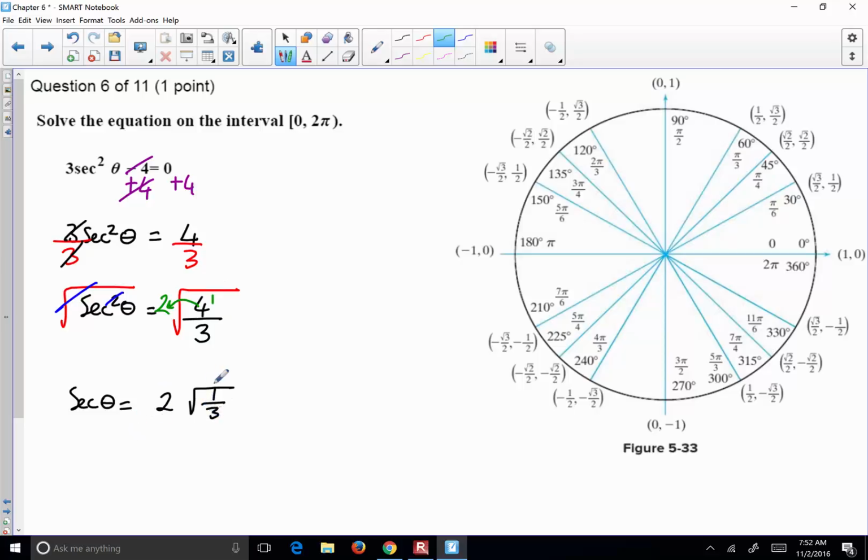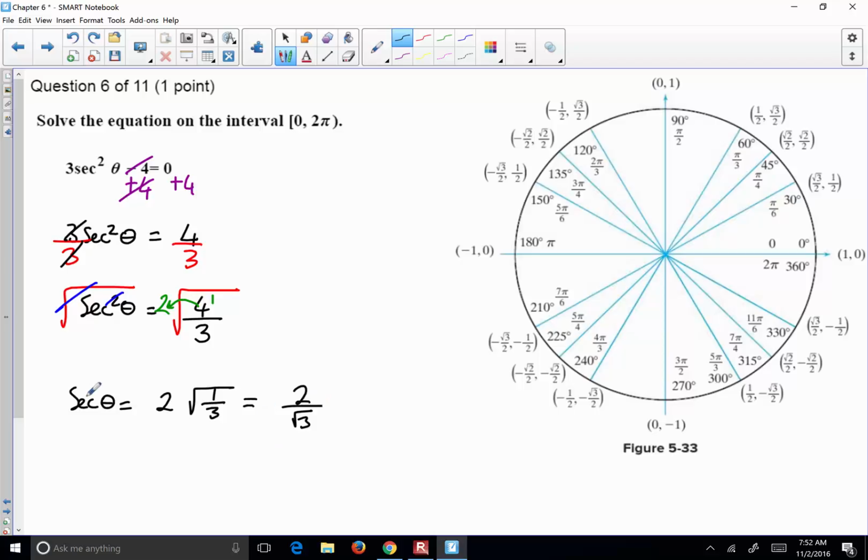However, we do not like ratios in the denominator or inside a radical. This is actually root 1 over root 3 if I pass the root to the top and bottom. Root 1 is 1, root 3 is just root 3. And I could rationalize this. Or no, I don't want to do this because I will just leave it as 2/√3 here.